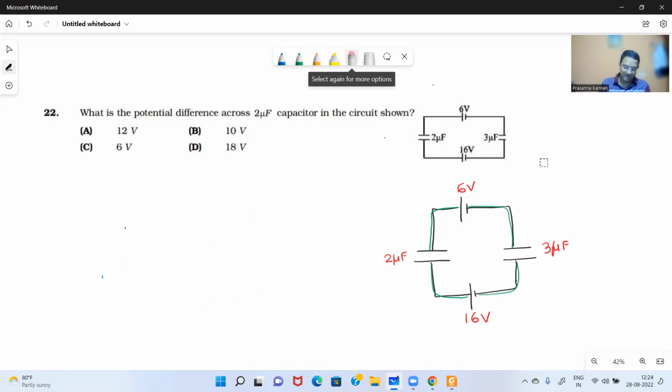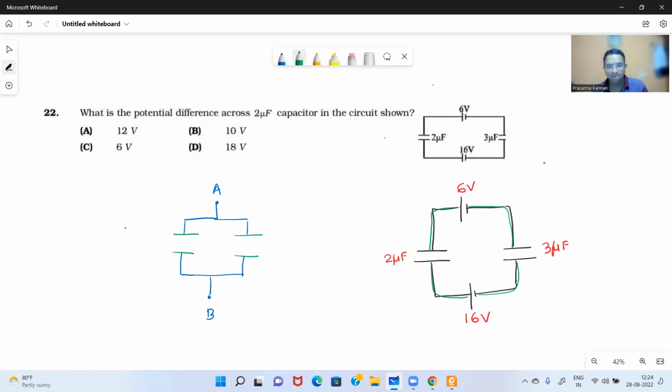When will 2 capacitors be in parallel? When they are connected between the same 2 points, for example, A and B. The first capacitor is between A and B, and this capacitor is also between A and B. In this case, you can say the capacitors are connected in parallel.